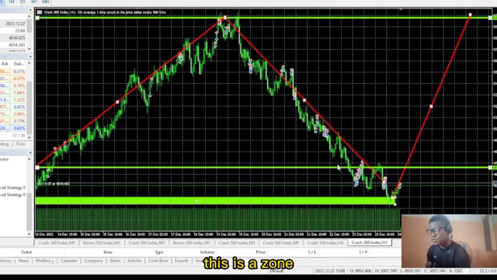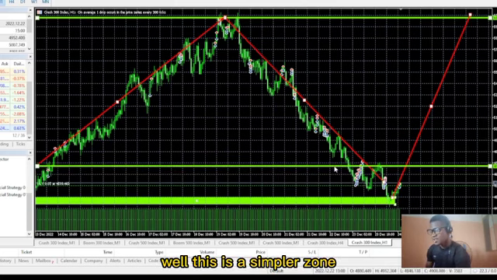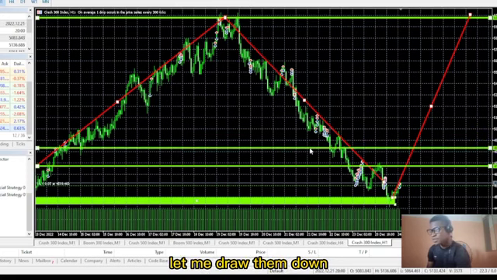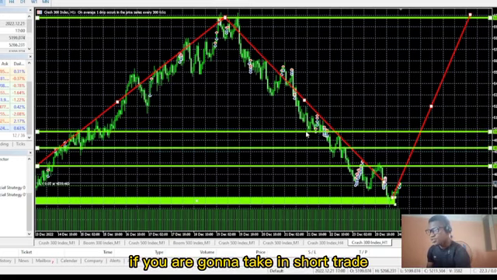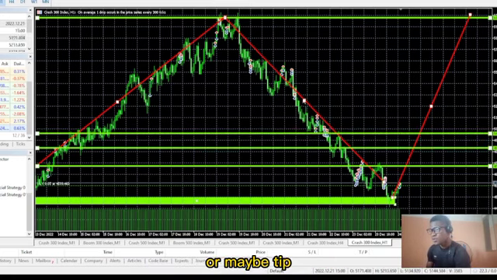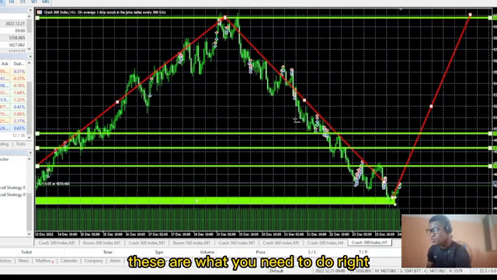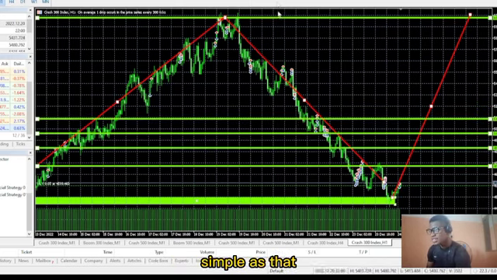This is a zone, another simple zone on the 1 hour time frame. And there we have other zones. Let me draw them down. You can check on these zones, and these should be your TP levels if you are taking a short trade, or maybe TPs along the way. Simple as that.